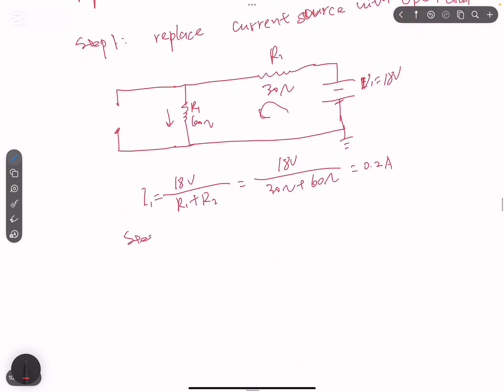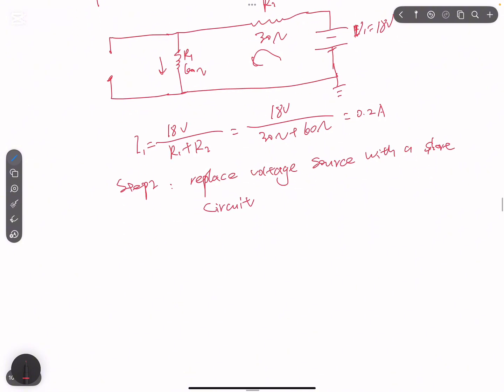Then step 2 is to replace the voltage source with a short circuit. That will leave one current source here that goes up. Then we have one resistor here, and another resistor here.